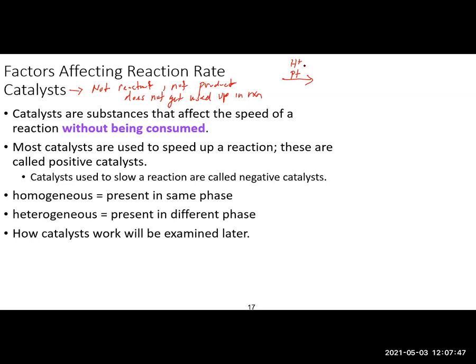There are also catalysts that we don't usually talk too much about, but a catalyst can be something that slows down a reaction, and those are sometimes referred to as negative catalysts. For example, I think we talked in nuclear chemistry about a nuclear power plant, and they have what are referred to as control rods.